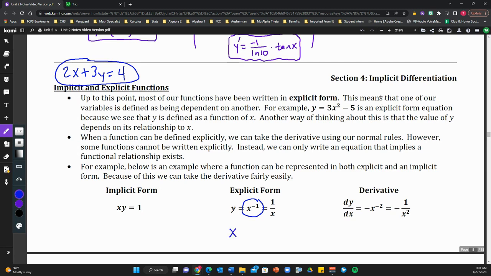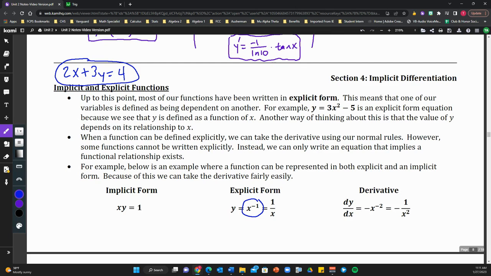If we decided to solve for x and make it x equals 1 over y, then when I take the derivative, I've said that x depends on the value of y, so we would flip it around and do dx dy. That's not something we normally dive into. It gets a little hairy and complicated, but just know that the naming of variables is kind of arbitrary. It's just something we've accepted along the way, that x is our input and y is our output, but we're not beholden to that.